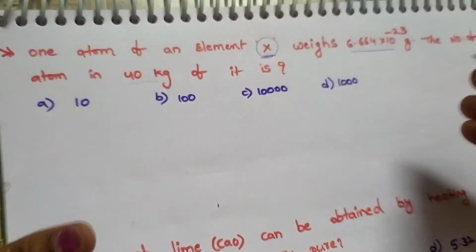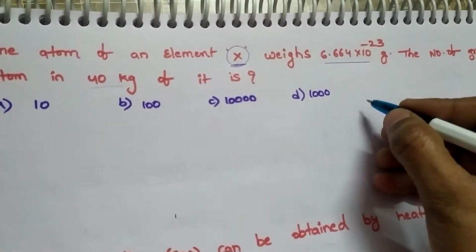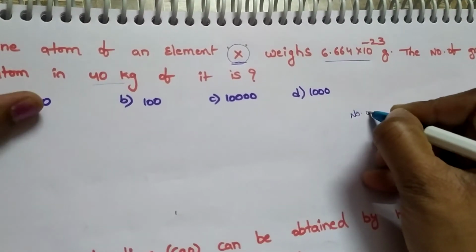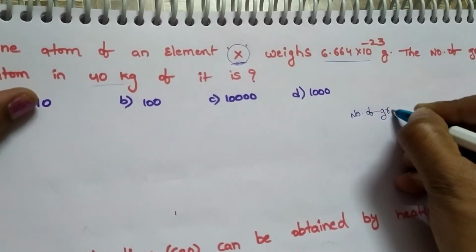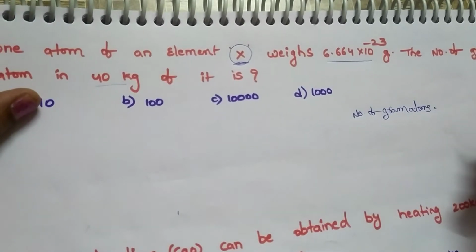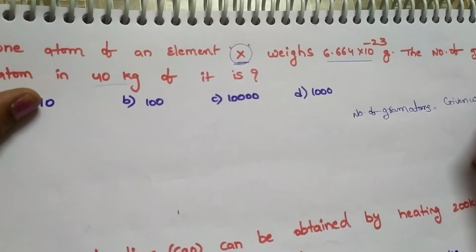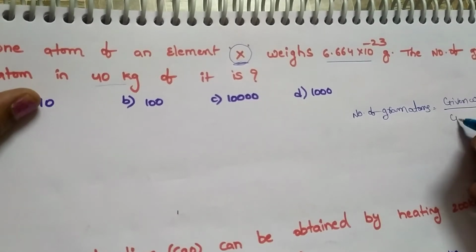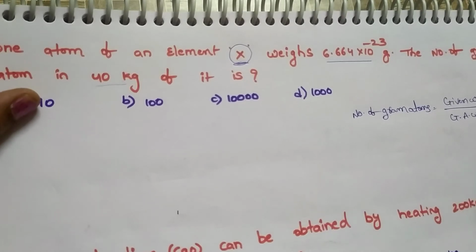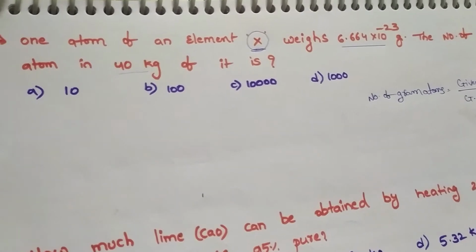First of all, write here the number of gram atoms formula. Just before, I said the number of gram atoms formula is given weight by gram atomic weight, right? Because we are talking about atoms.